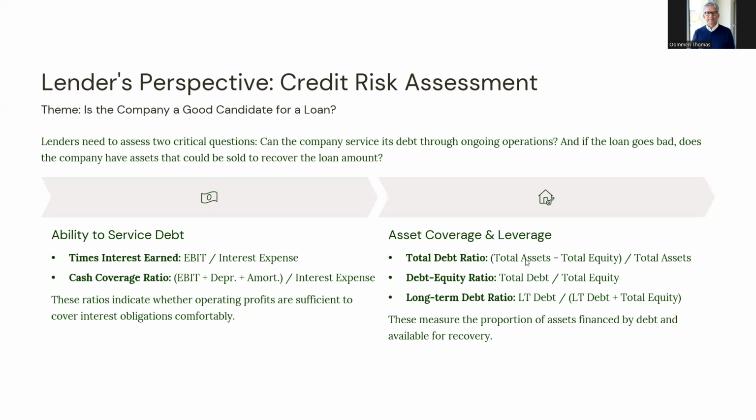In the first ratio, the total debt asset ratio, the numerator is total assets minus total equity, which, as you may recall, is nothing but total liabilities. So it's trying to see how much total liabilities you have relative to total assets. If I analogize to a mortgage, it's the loan to value ratio. Here you're looking at debt to total equity: how much is the debt relative to the owners' equity in the company?